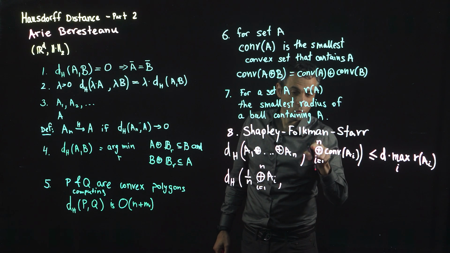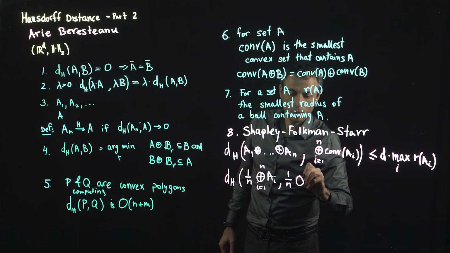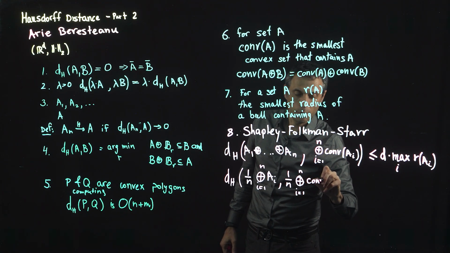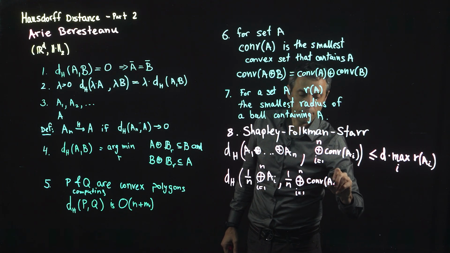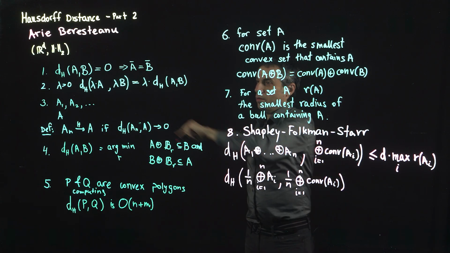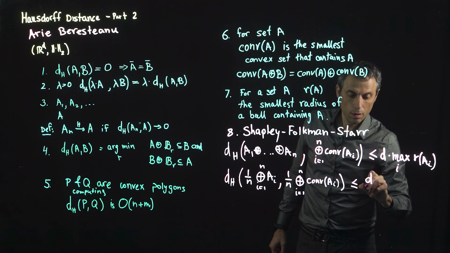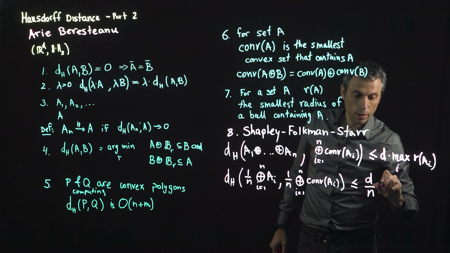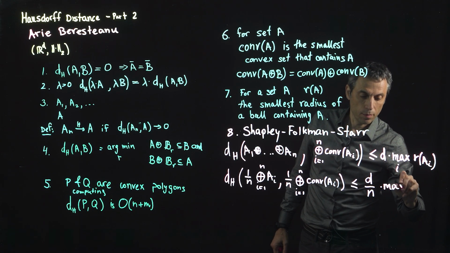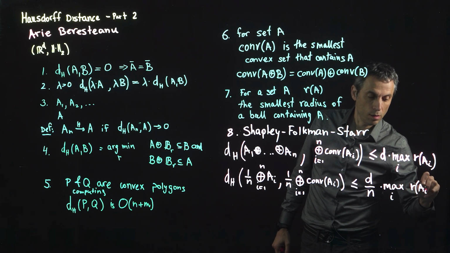And then I'm going to use the same 1 over n, Minkowski sum, i goes from 1 to n of the convex hull of A_i. Okay, so that will be by number 2 less than or equal to d over n, and again times the maximum over i of the radius of these sets. Great.